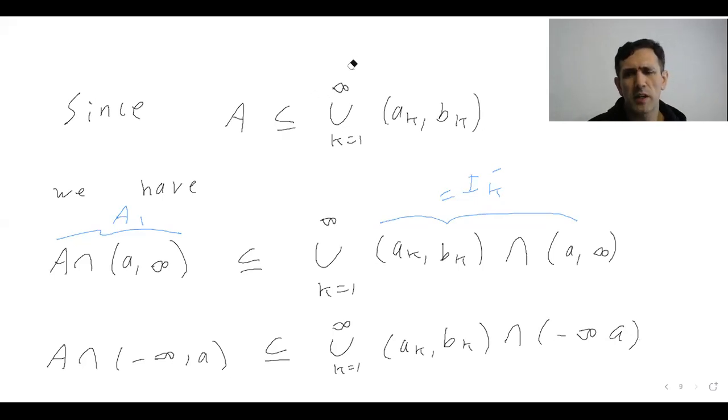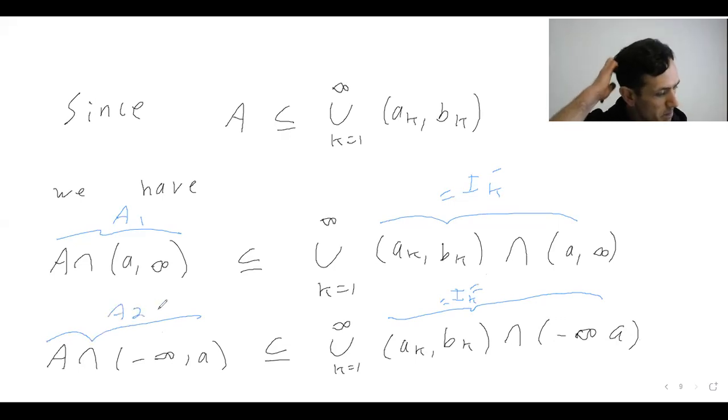So this proof, I have to admit, is a bit annoying because there's a lot of different sets floating around. Got to be mindful of what each one is. But otherwise, the proof is not too bad. Let's give this a name A2. Okay, so these are open intervals.